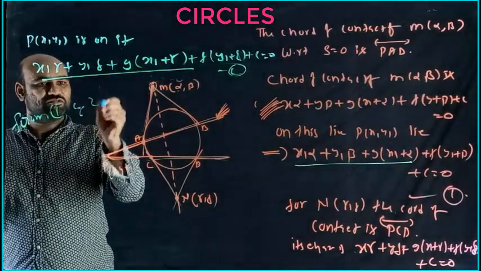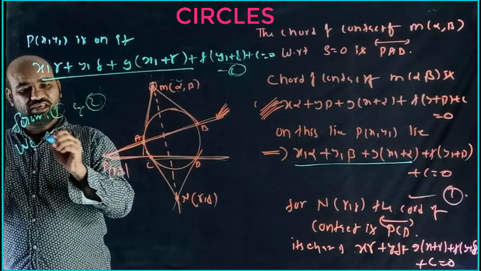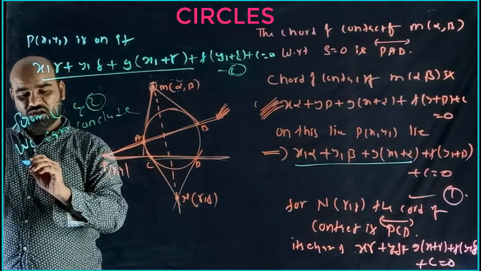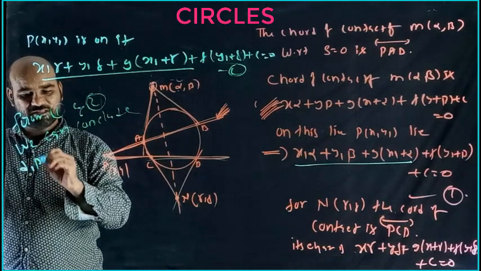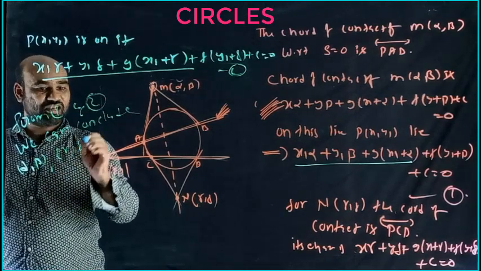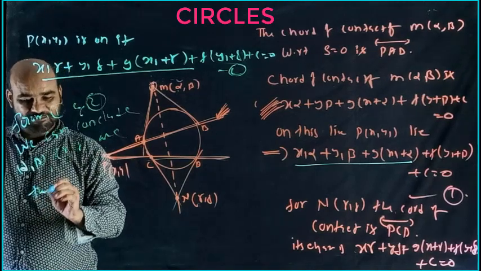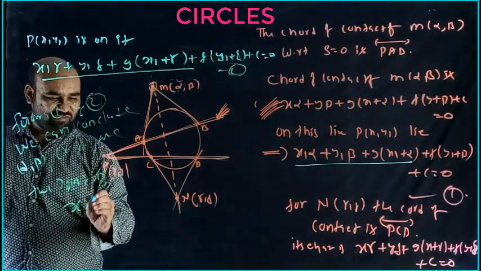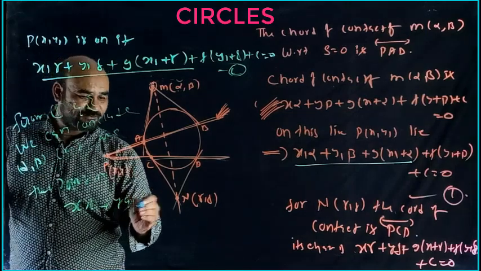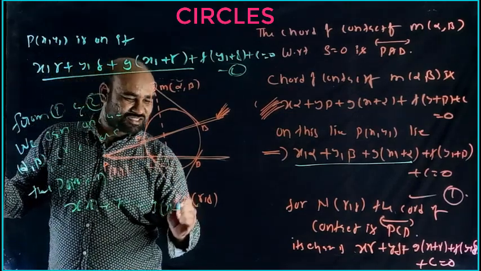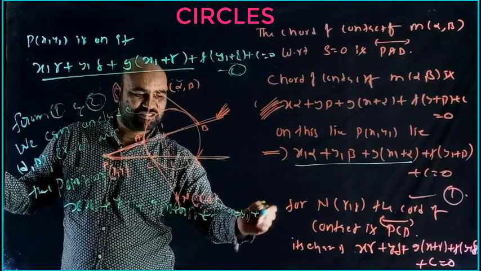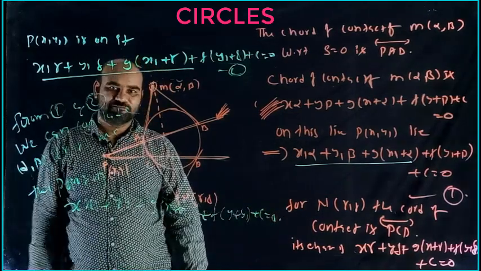From 1 and 2 we can conclude alpha comma beta, gamma comma delta are the points on xx1 plus yy1 plus g times of (x plus x1) plus f times of (y plus y1) plus c equal to 0 only. Understood?